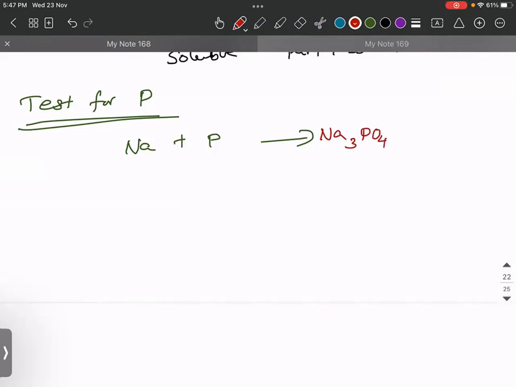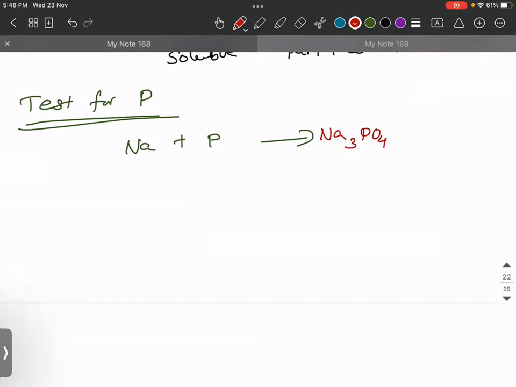Generally, phosphorus is detected by fusing the organic compound with an oxidizing agent, sodium peroxide, not with sodium metal. So the phosphorus in the compound is oxidized into phosphate by sodium peroxide, and then extracted with water.